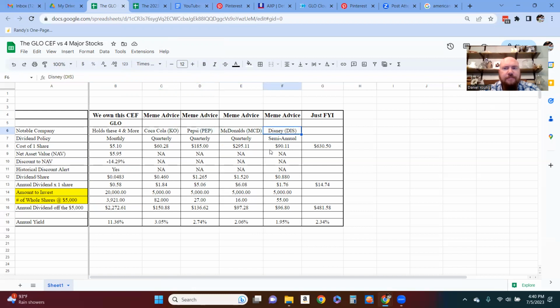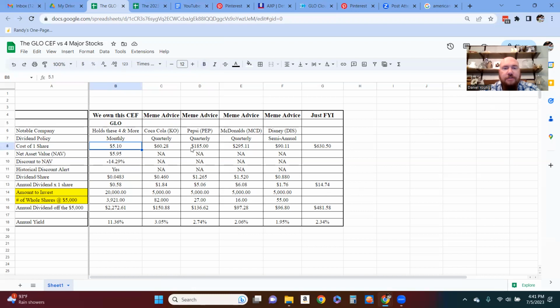Disney is its own thing, right? But instead of you buying all of these things and diversifying your portfolio through single stocks, now you're letting this one fund diversify its portfolio for you. So you get access to all of these different things through just one fund.